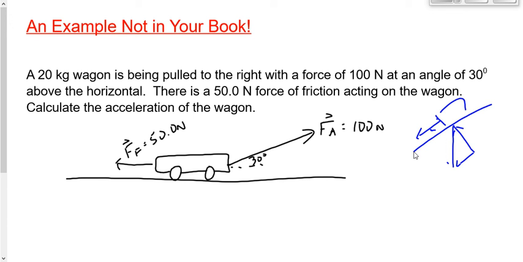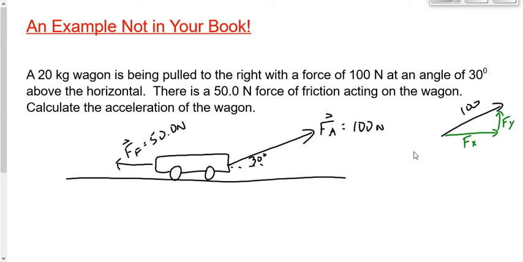Kelly doesn't like funny angles, so let's get rid of a funny angle. Let's go off to the side and draw that 100 newtons at 30 degrees. Let's call this one Fx and this one Fy, and make this angle 30 degrees.